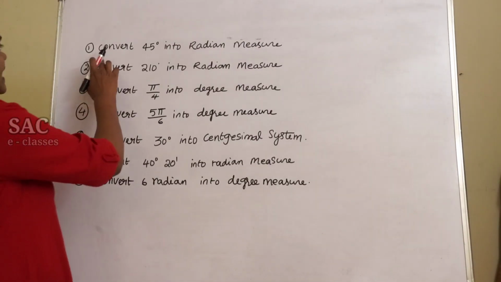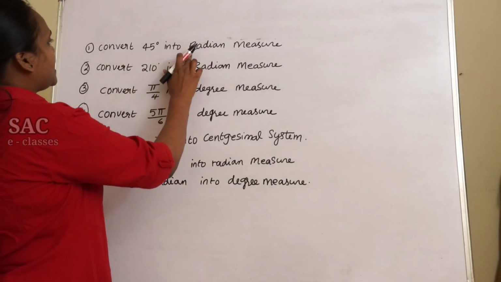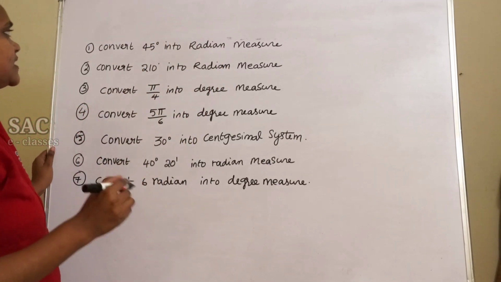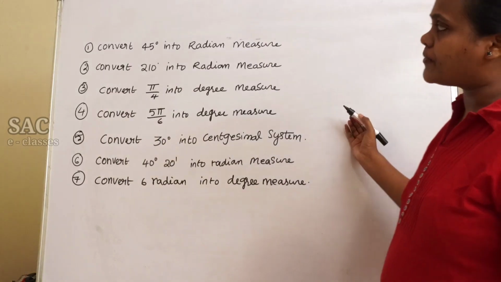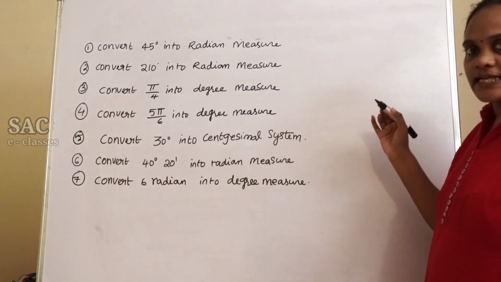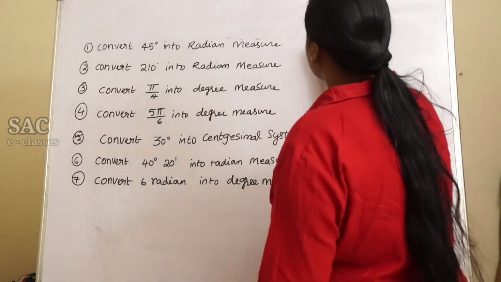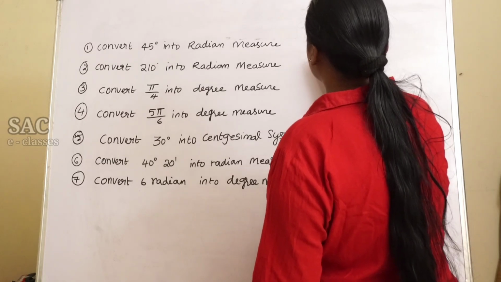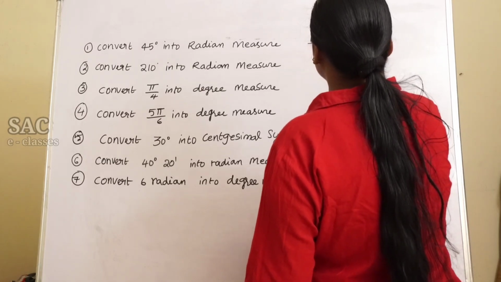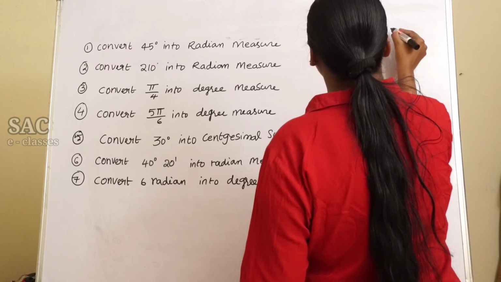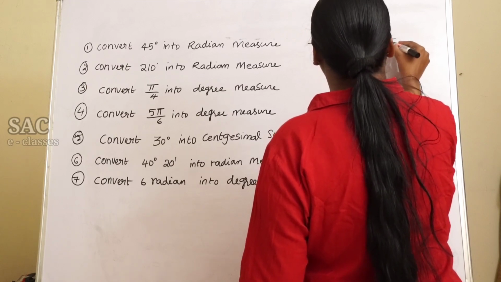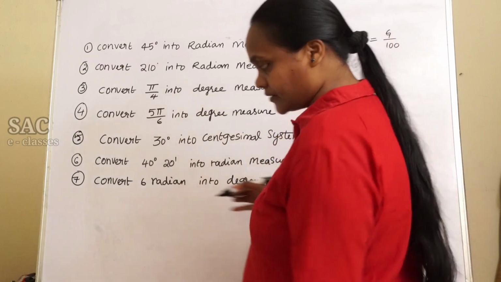Now convert 45 degrees into radian measure. We already know the relationship among all three measures, that is D by 90, the degree measure, 2C by pi, the radian measure, and G by 100, the grade, nothing but centesimal measure.